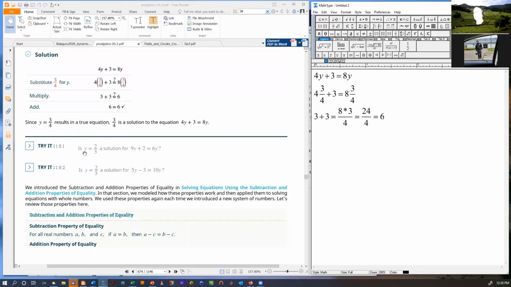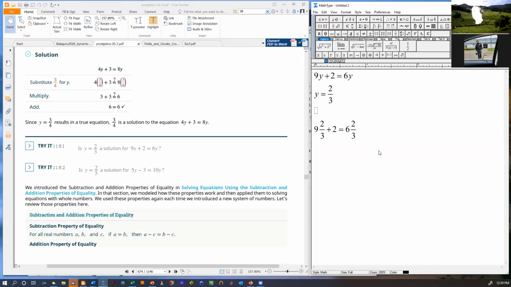So let's look at this one. Is y equals 2/3 a solution to the equation 9y plus 2 equals 6y? So we have 9y plus 2 equals 6 times y, and we have a trial solution of y equals 2/3. Now we can take 2/3 and substitute it in here and here.